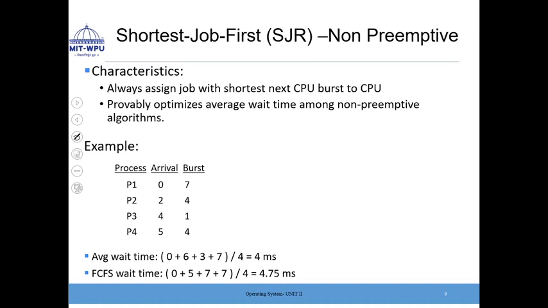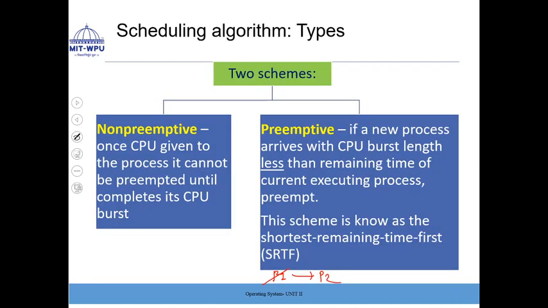Here we are going to consider burst time for this algorithm, and also we are going to decide one decision mode, that is our approach, which is non-preemptive. Let me quickly tell you which are the preemptive and non-preemptive algorithms.